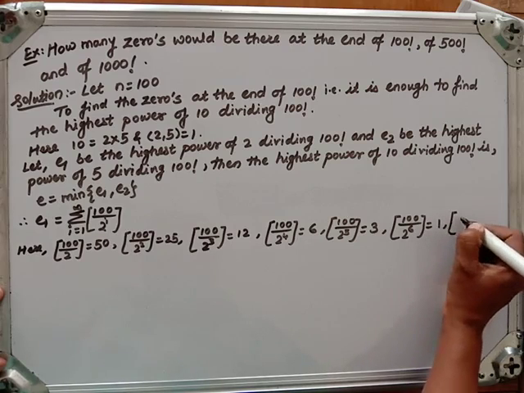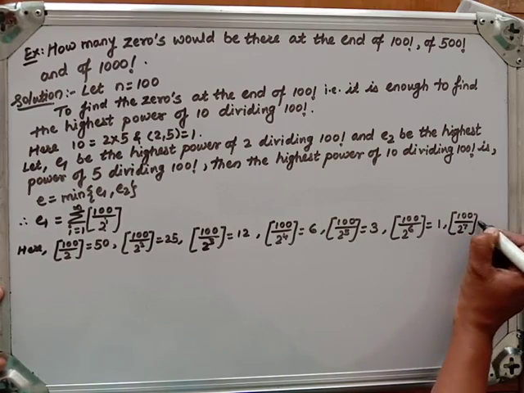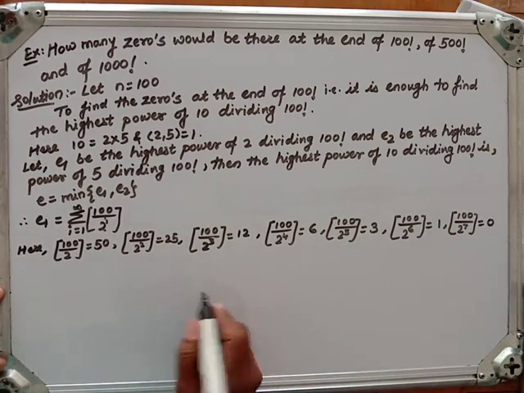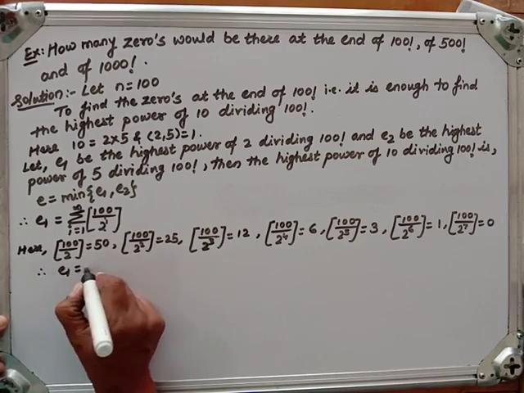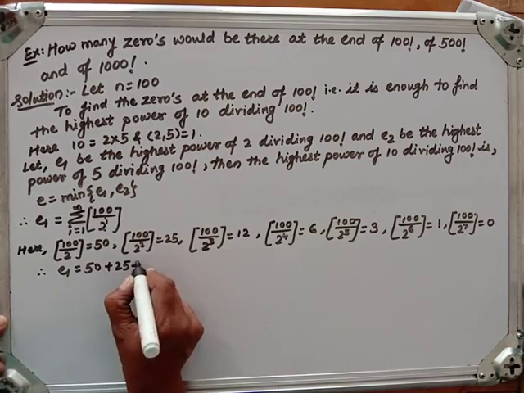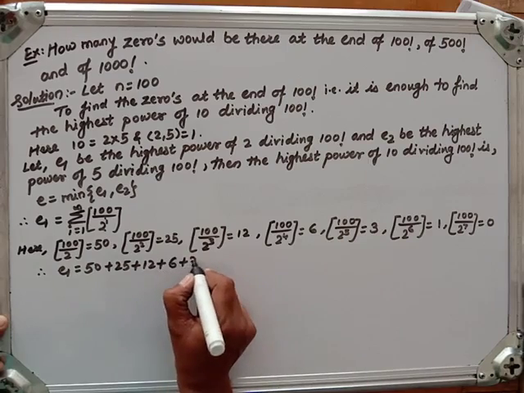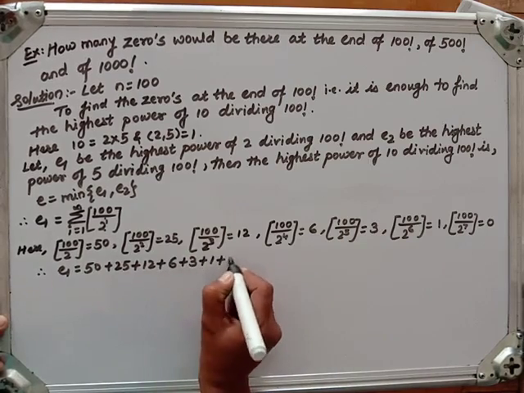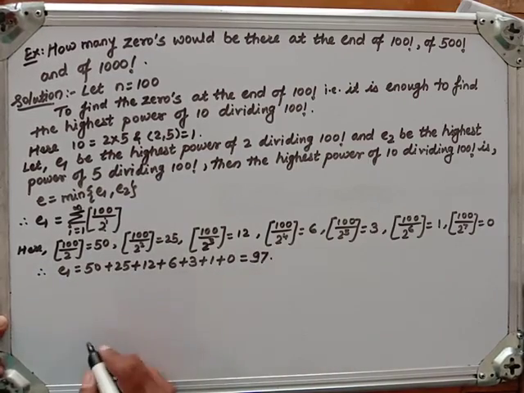And 100 upon 2 raised to 7 will be 1 by 2, its greatest integer function is 0. Therefore E1 equal to 50 plus 25 plus 12 plus 6 plus 3 plus 1 plus 0, that is equal to 97.